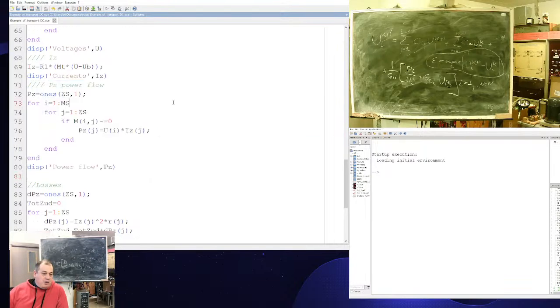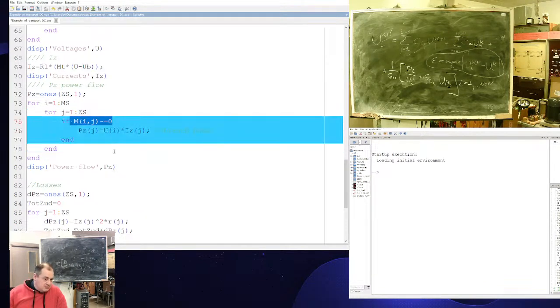So branch power can be found as a node voltage multiplied by branch current, but I need to take the corresponding voltage and current, and knowledge of the first incidence matrix helped me.